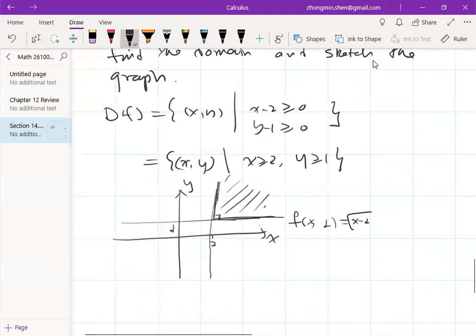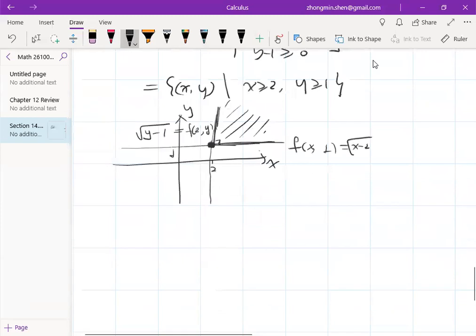It's increasing; the value increases along this line from 0 to infinity. And on this side, x is 2 and y is not fixed, so f is going to be the square root of y minus 1. It's also increasing along the vertical line as y increases.